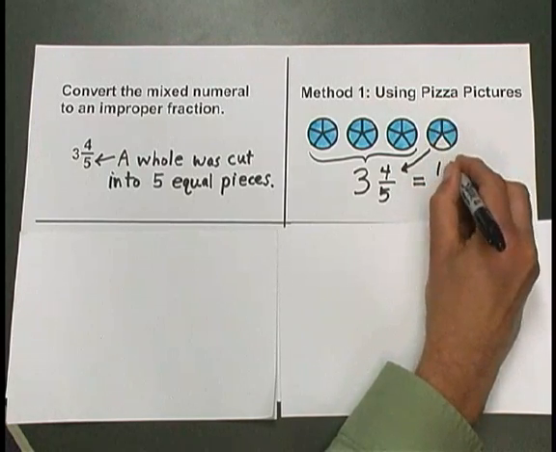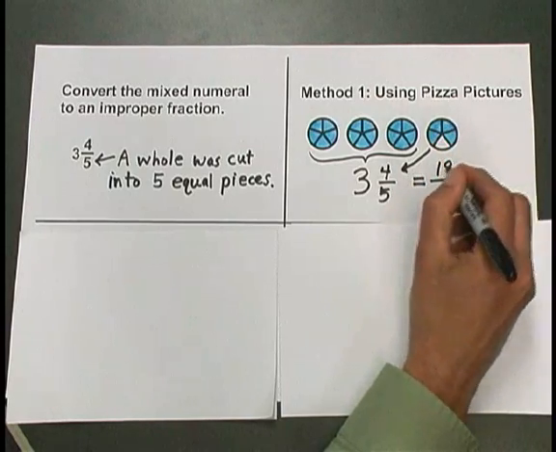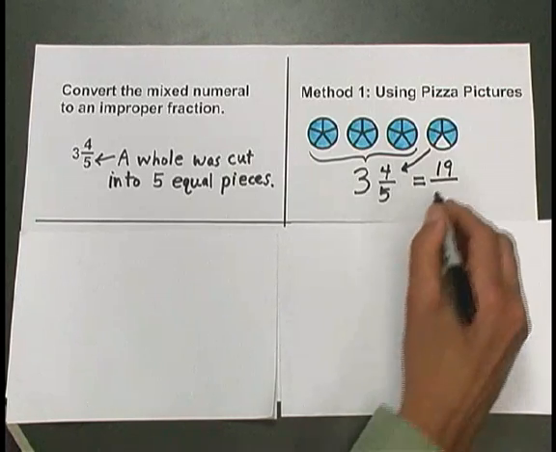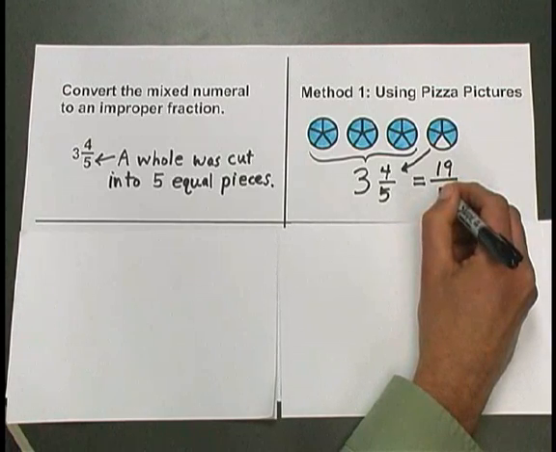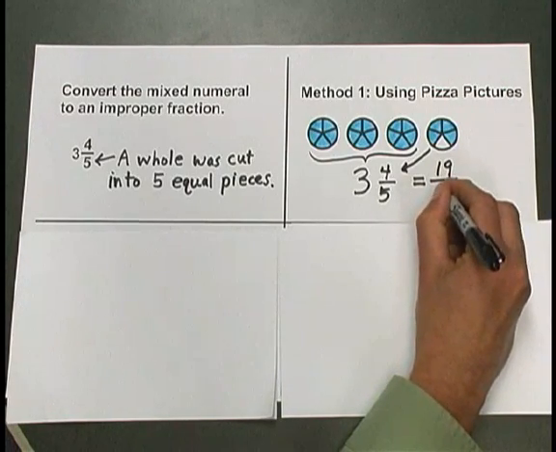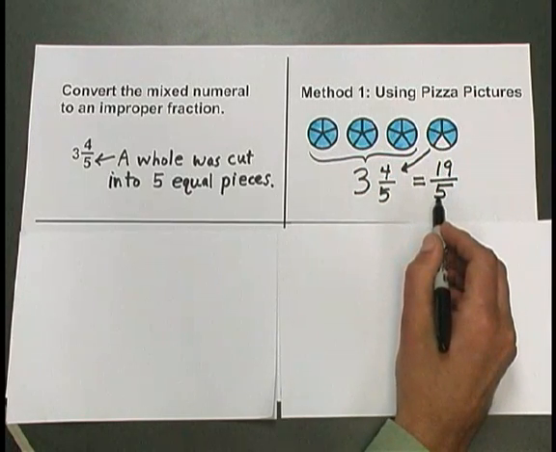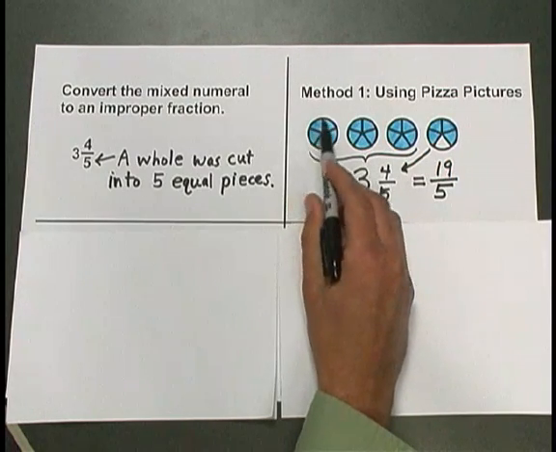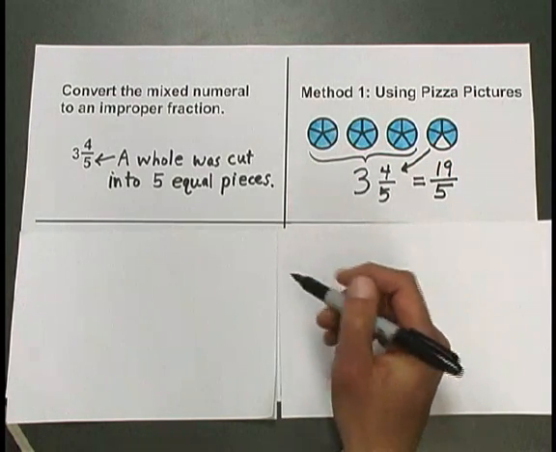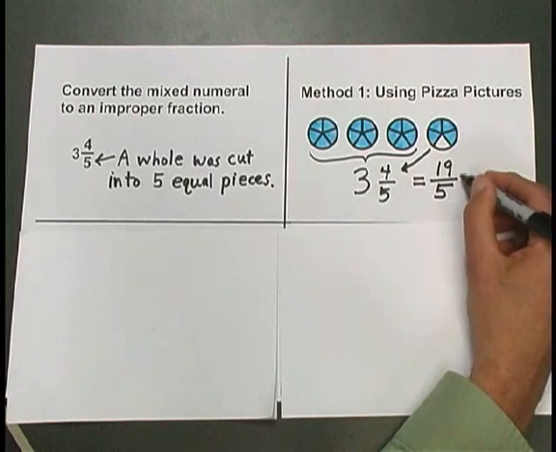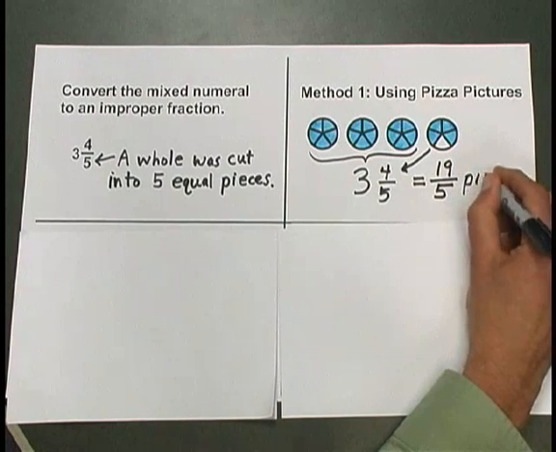I have 19 pieces shaded. The 19 goes in the numerator of my improper fraction. Down below in my denominator, I write a 5 because I'm counting pieces where each piece was a 5th. The 5 represents the fact that each piece that we've shaded was 1/5 of a whole pizza. So we have a total of 19 fifths pizzas.